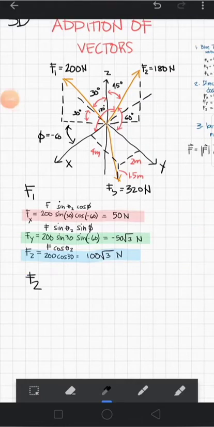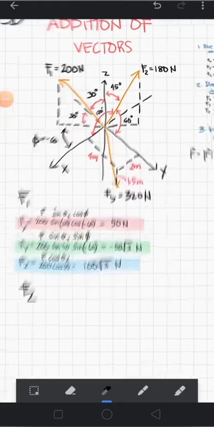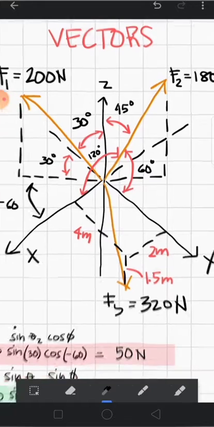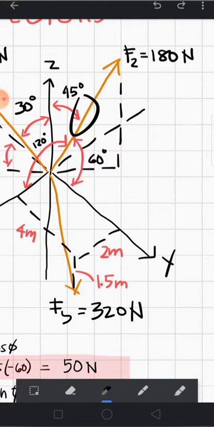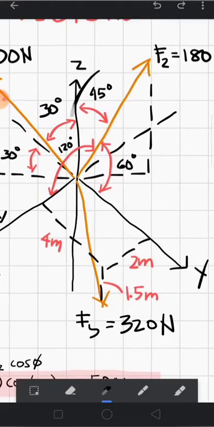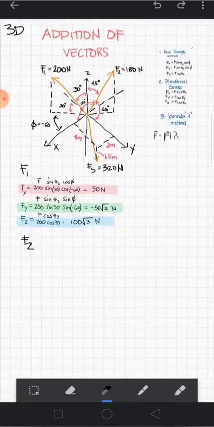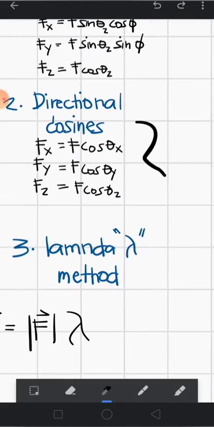And the second force, which is F2 equals 180 newtons, we're given with angles between the force and the x-axis, the force and the y-axis, and then the force and the z-axis. Therefore, we can use this second method, which is the directional cosines, because we're given theta x, theta y, and theta z.